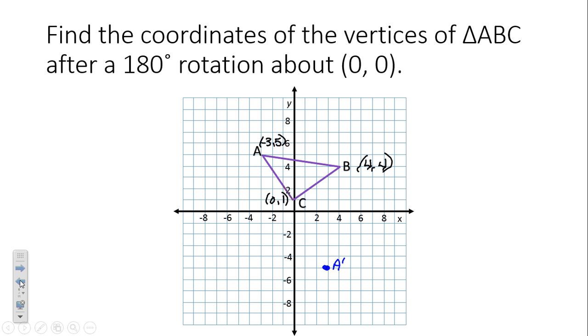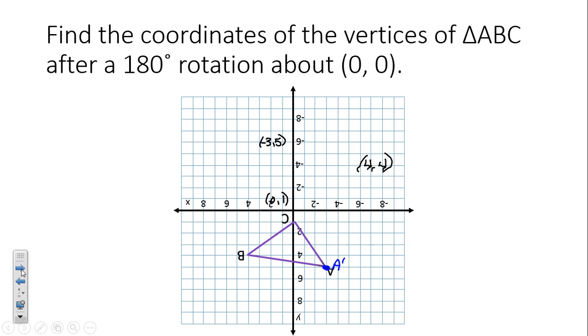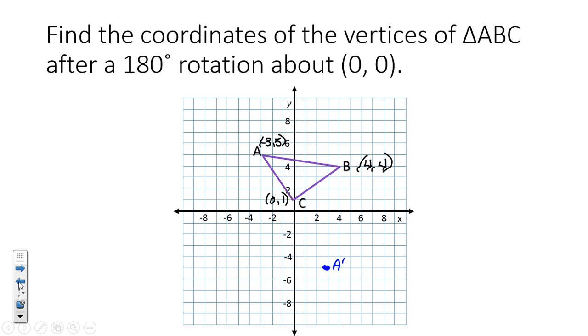B was at 4, 4. It'll be negative 4, negative 4. B prime, we negate them both. So it was at 4, 4. Now it's going to be at negative 4, negative 4.